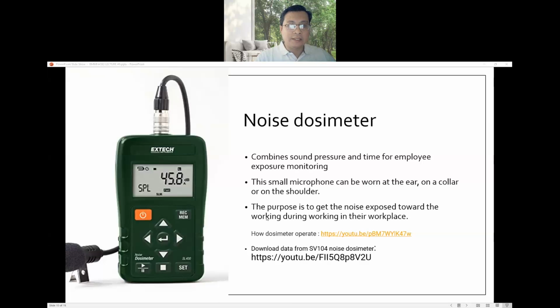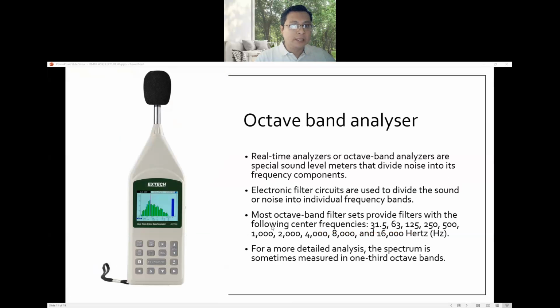The purpose is to get the noise exposure during working in their working place, the same as the ear function.